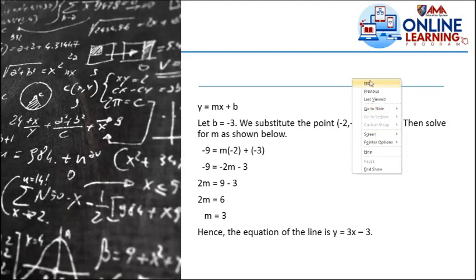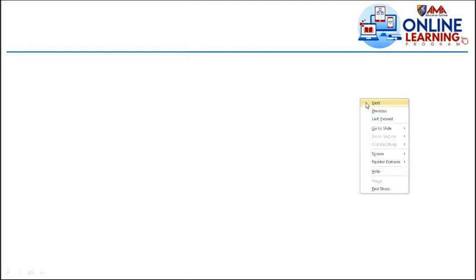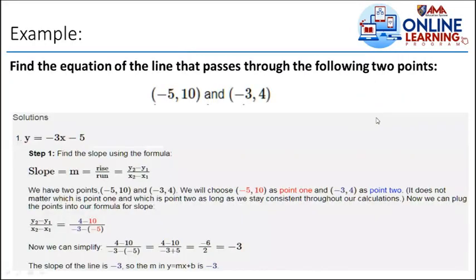Okay? Next, we have your D. Last example. Find the equation of the line that passes through the 2 points. Okay? So this is our given. So we have your negative 5 and 10, and negative 3 and 4.